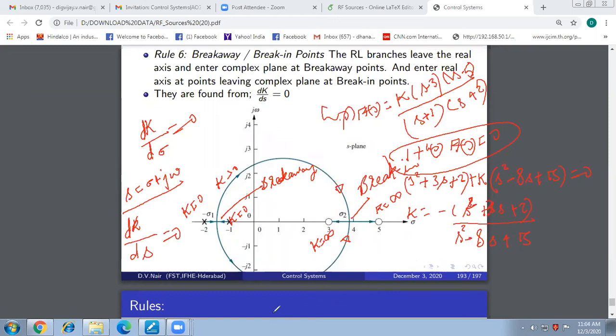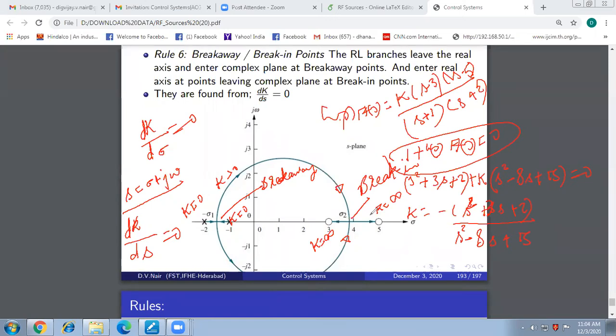So can you take the derivative here by the u by v rule, right, Ben? And equate that to 0 and tell me what is the value of s? Because when you take dk by ds, everything will be in s, and equate that to 0, you will get two values of s. I want you guys to do this part of mathematics for me.